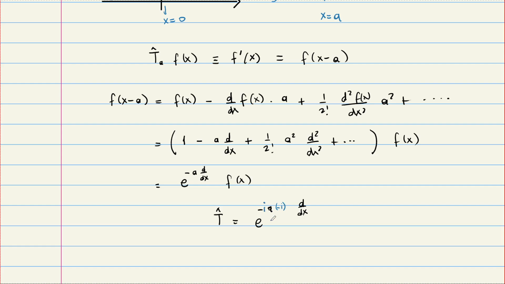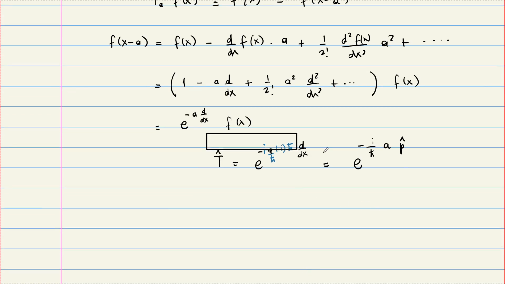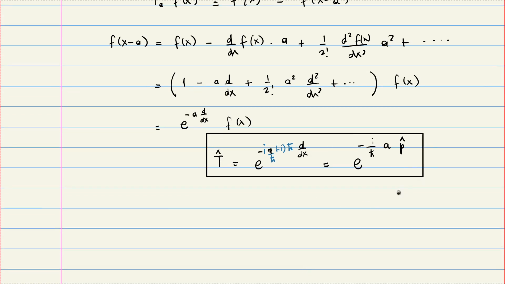Minus i times i is 1, and I want to put h bar here and divide by h bar, and now I have minus i h bar d dx. What is that? Momentum. Then this is going to be equal to e to the minus i over h bar a times p. Good.